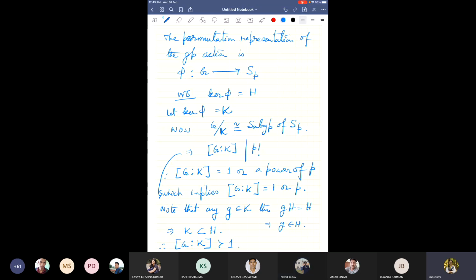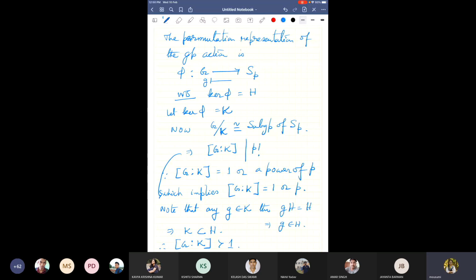If you are not able to follow, then please let me know, but don't remain silent. Okay, so what was the kernel? The kernel was all the elements which fix the left cosets. How was this group homomorphism defined?